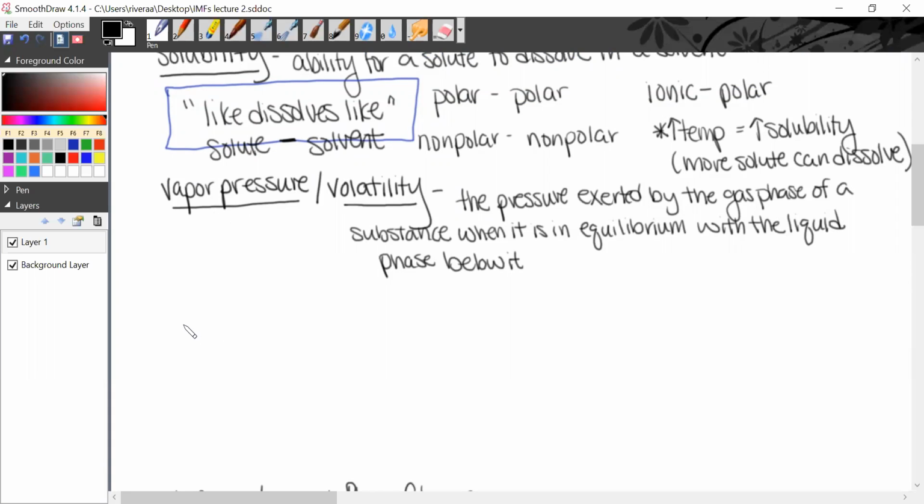Okay, so let's say I have an evacuated container, meaning nothing in there, a vacuum, no air particles in there. And I add some water to the bottom of my container.